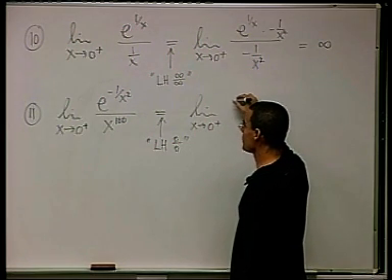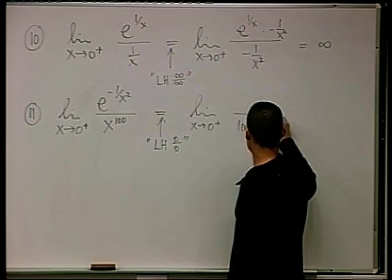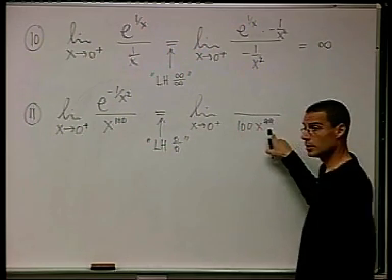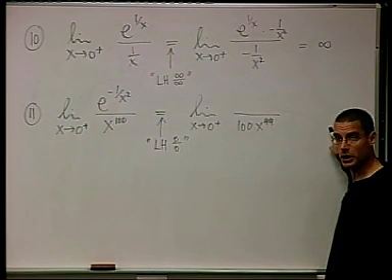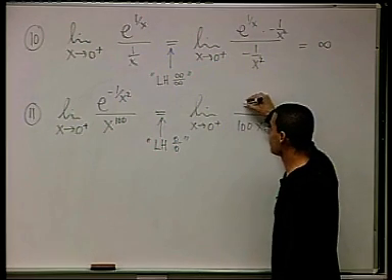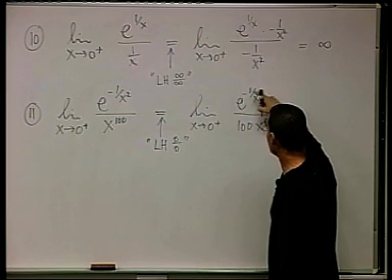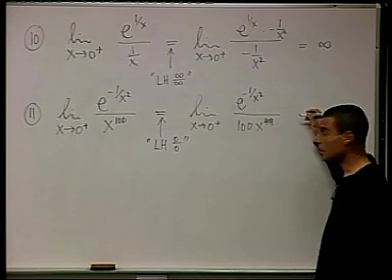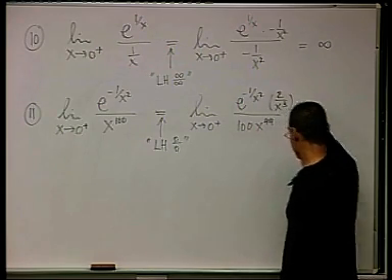The bottom is going to be 100x to the 99. This is a good start. We reduced the power by 1. Obviously, we're going to have to do it 100 more times, but that's okay. But what about the top? The top, we're going to get e to the minus 1 over x squared times the inner derivative, which is 2 over x cubed. Do you agree?